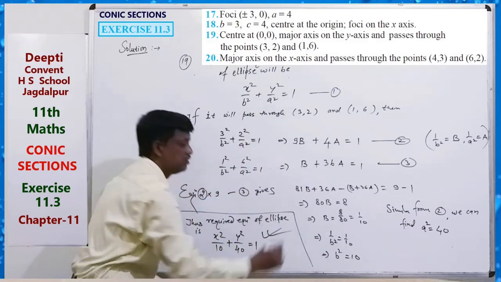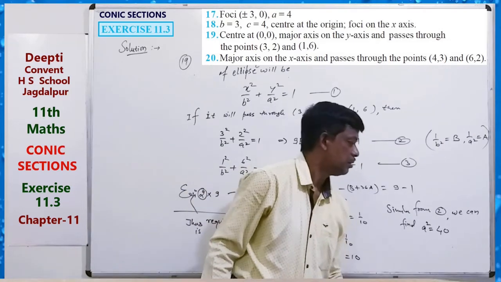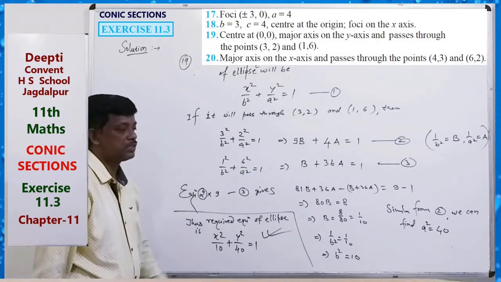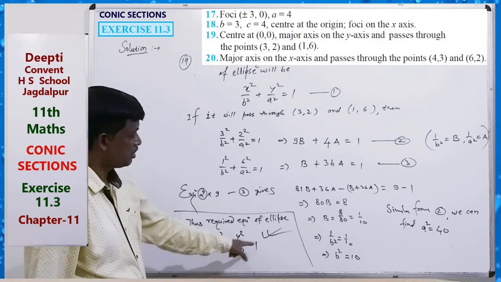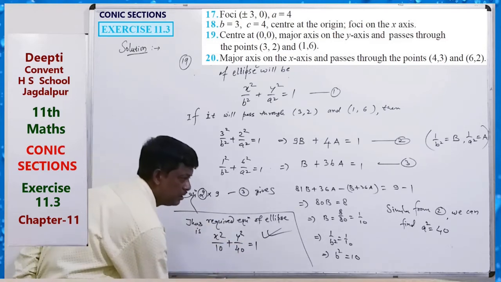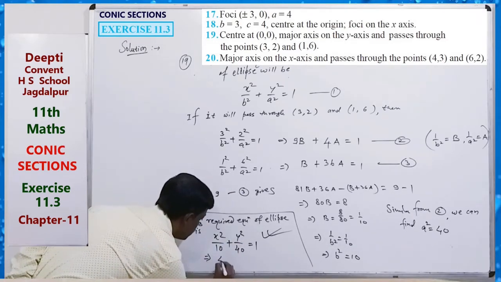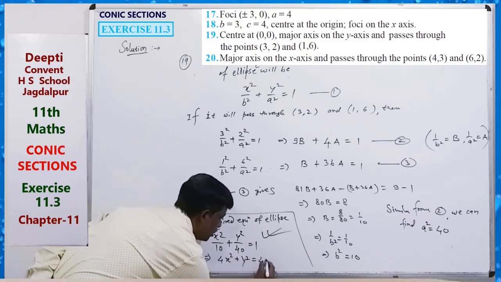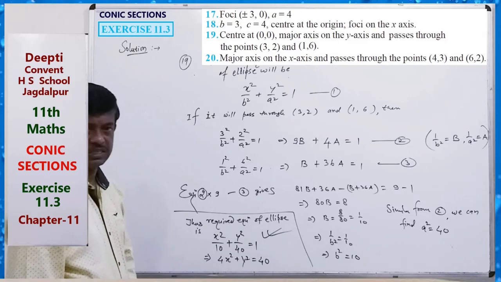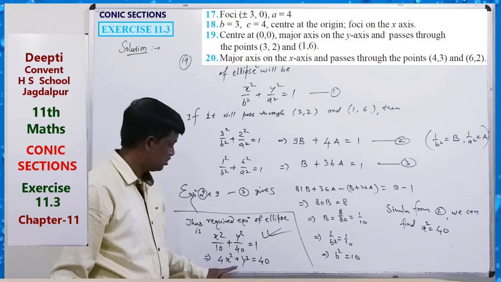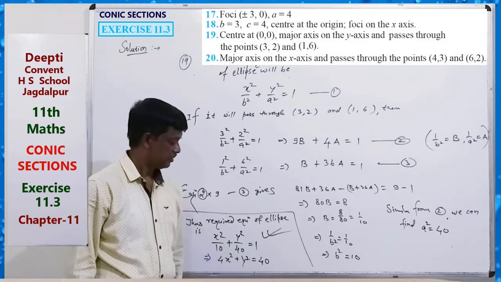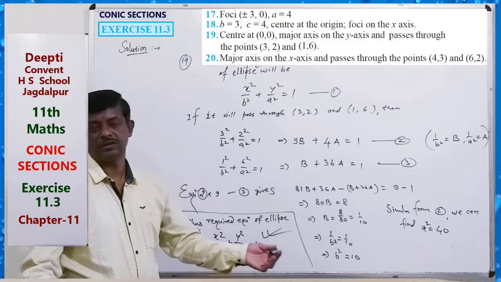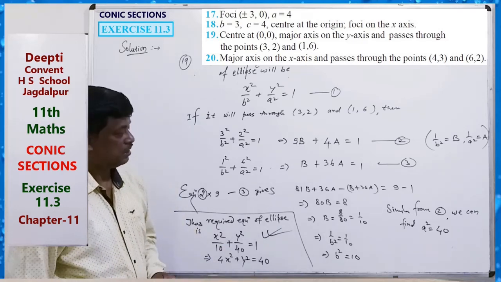So this is our solution. x square by 10 plus y square by 40 equals 1. You can also write it as 4x square plus y square equals 40. This or this is the equation of ellipse.